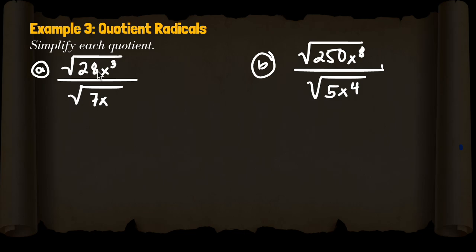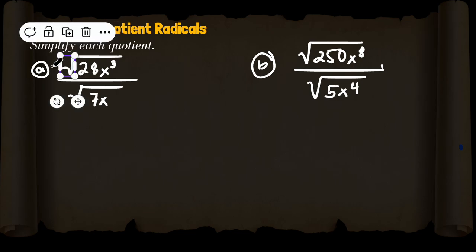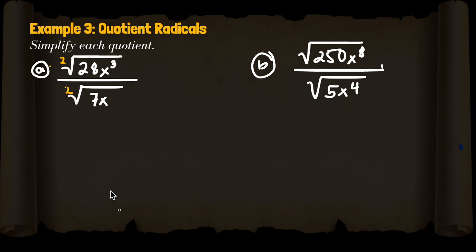We need to simplify square root of 28x raised to 3 divided by square root of 7x. So, what we can do here is, tanungin mo muna yung sarili mo, parehas ba ito ng index? Okay? Since parehas ang index, pwede natin i-apply yung quotient rule. Okay? So, ang sinasabi sa quotient rule, we can write this one as, ito ko muna ilalagay, as malaking radical sign na may same index as 28x raised to 3 divided by 7x.